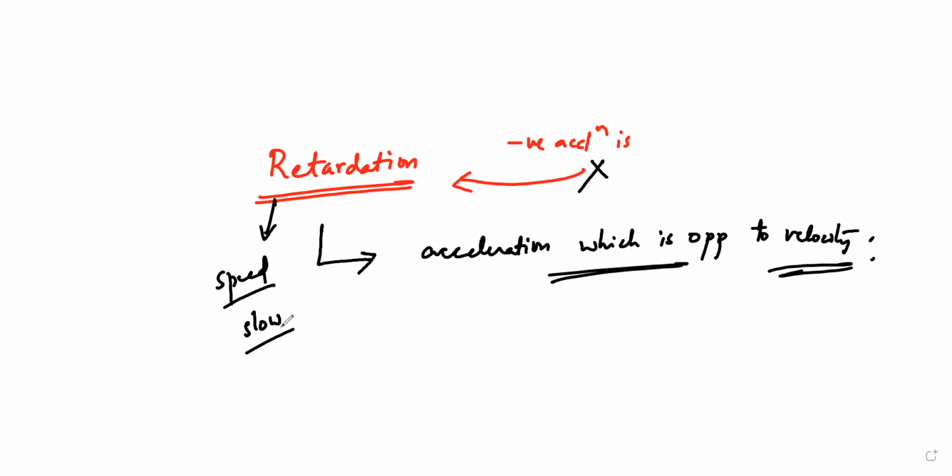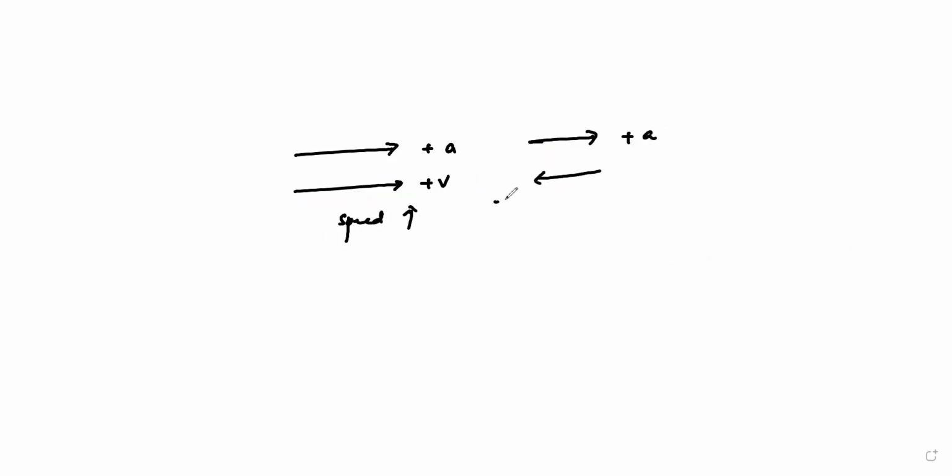If, for example, acceleration and velocity are both in the same direction, speed will be more. If acceleration is in reverse way to velocity, speed will be less. This you will refer to as retardation.